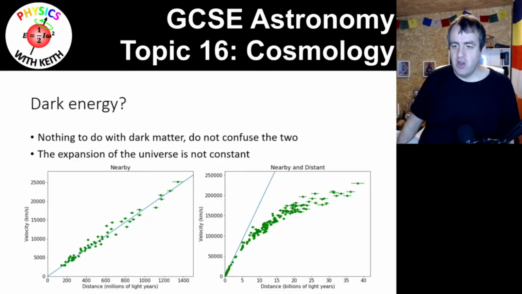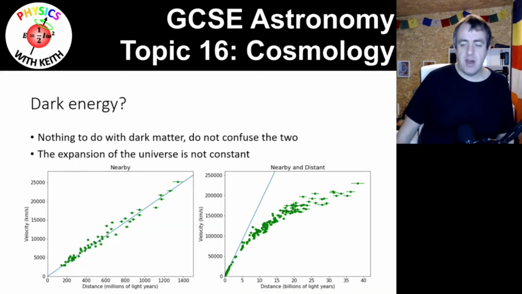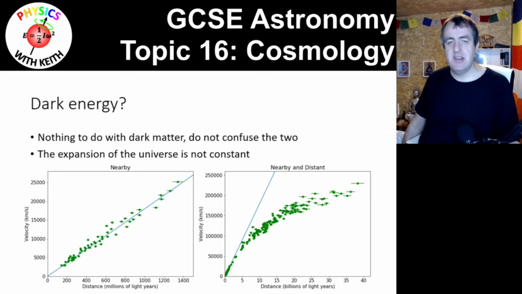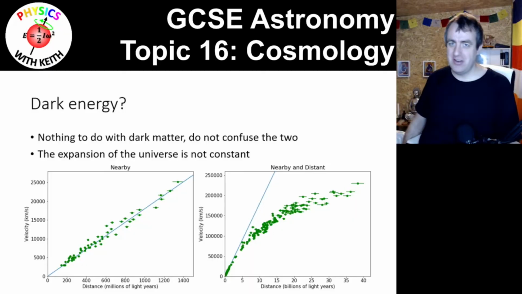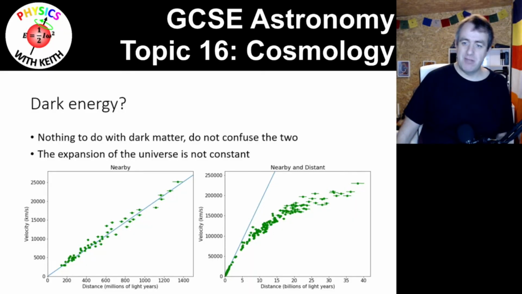If you look at even bigger distances, galaxies even farther away, it turns out that the line isn't straight. So the universe's expansion is not constant, which was an assumption that gave us a nice straight line.